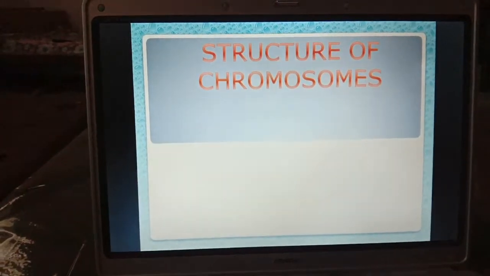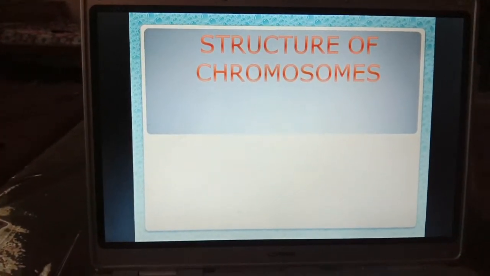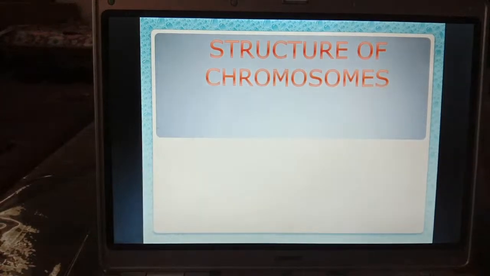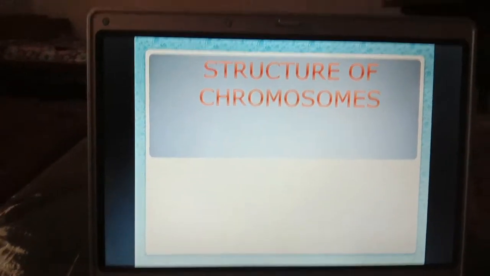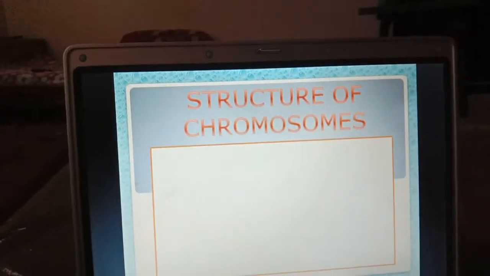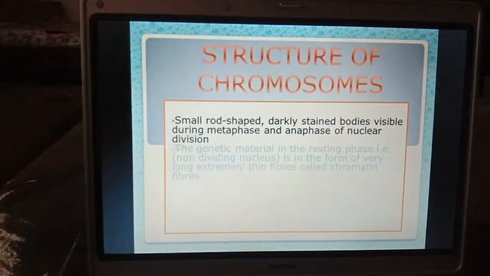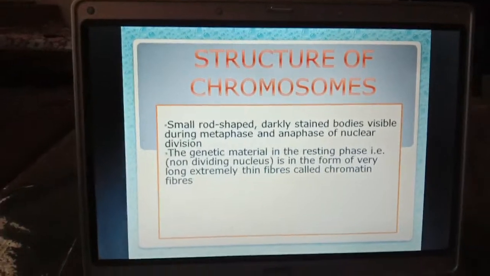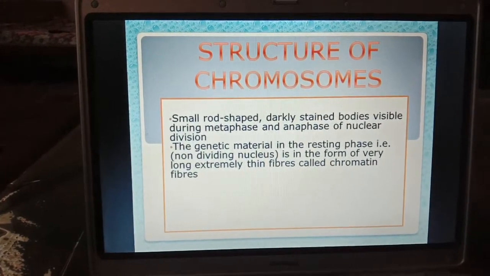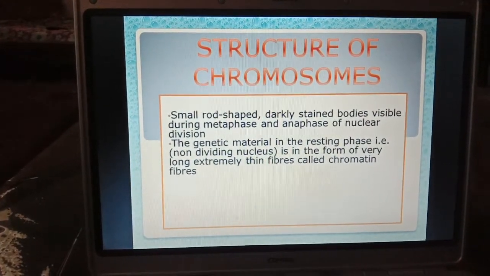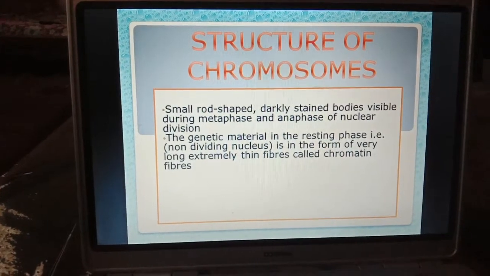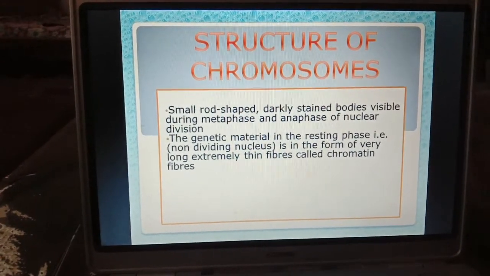Starting, structure of chromosomes. Chromosomes are small, rod-shaped, darkly stained bodies visible during metaphase and anaphase of nuclear division.